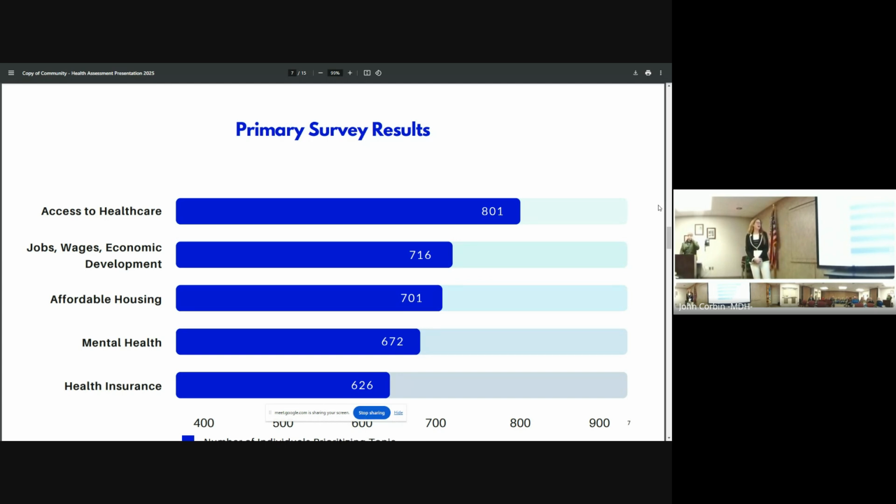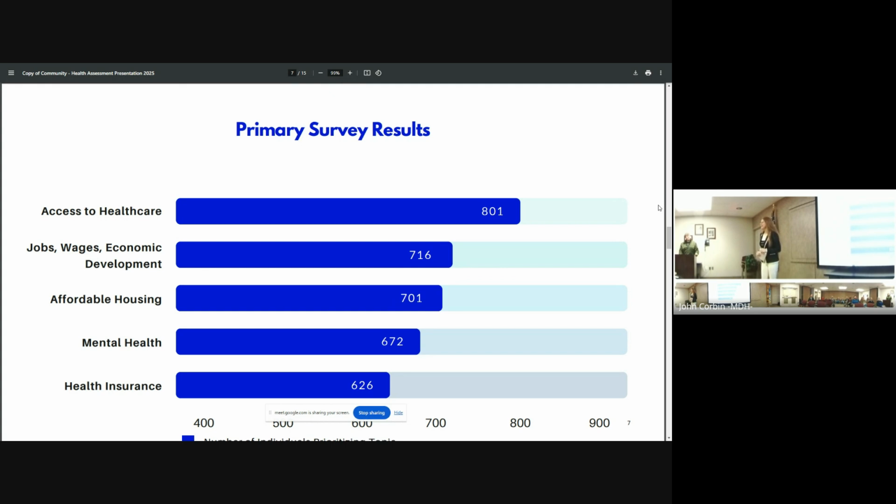Then we have affordable housing at 701, mental health 672, and health insurance 626. It doesn't mean that the other things are not important. And there's been significant changes through different iterations. Mental health, as you remember, was first last time. So there are different ways to splice this out, but I just wanted to remind everyone this is the top 5.